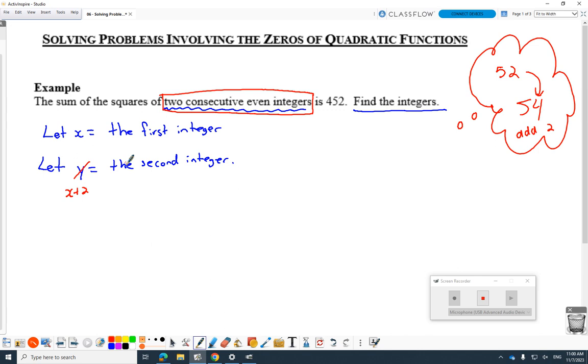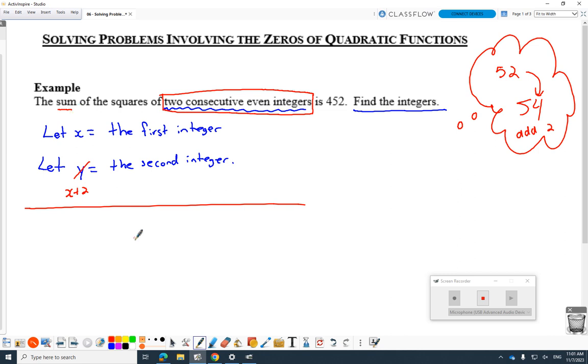Fourth strategy, a word equation. After I have that, here comes my word equation. I'm not trying to do algebra here. I'm just trying to describe what's going on. It says the sum of the squares of 2 consecutive integers is 452. So, sum. What does sum mean? Adding, right.